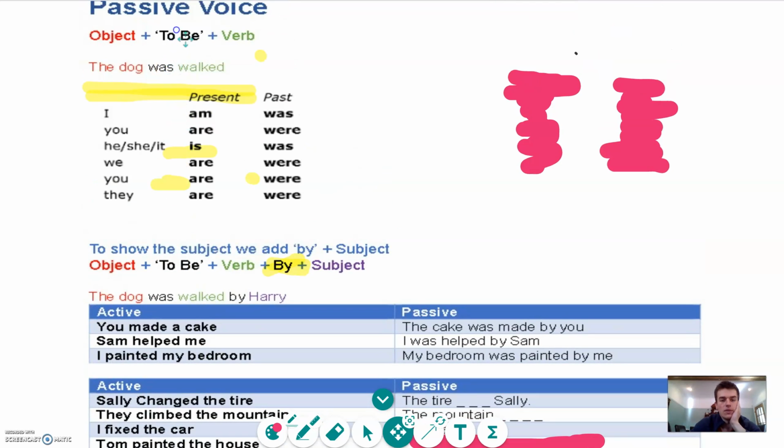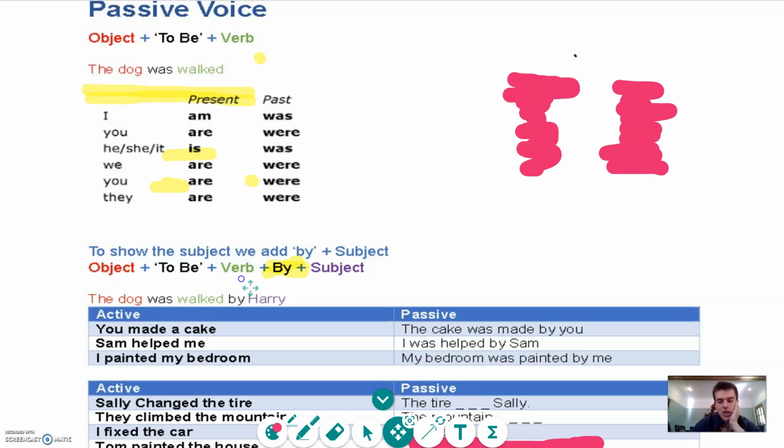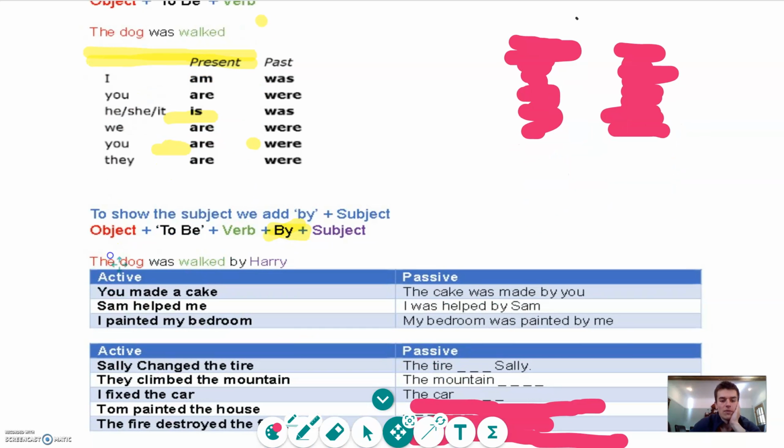Then we have the to be verb, which is conjugated as was. Then we have the verb in green, walked. And then we have by. By stays the same. By doesn't change, it's always by. And then we have the subject. So that the subject is the person who is doing the action. So now we have the dog was walked by Harry.